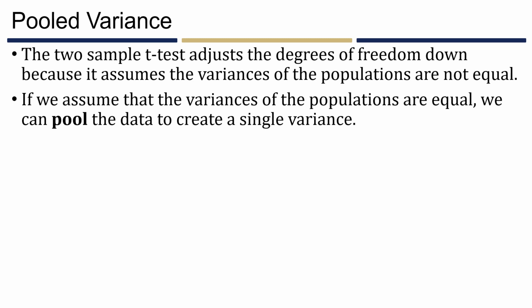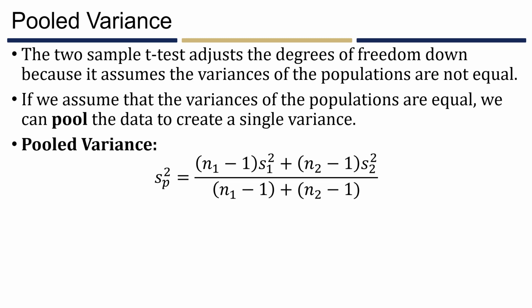And if that happens to be the case, and we can make this assumption that the variances, or the spreads, are the same, what we can do is pool the data in order to create a single estimate of the variance. This estimate is called the pooled variance. It's denoted by s sub p squared, and it's calculated by taking basically a weighted sum of your individual sample variances.